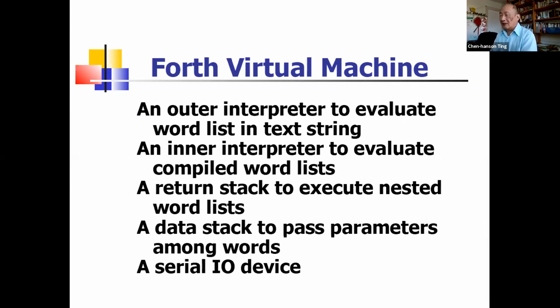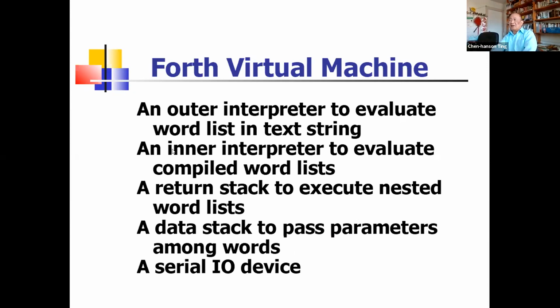The forth implementation in this ceforth, basically, has an outer interpreter. A forth virtual machine has an outer interpreter to evaluate word lists in text strings, or we call it a text interpreter.